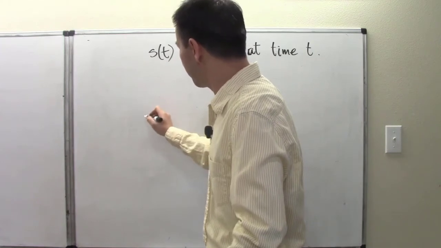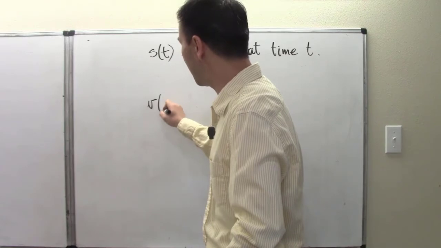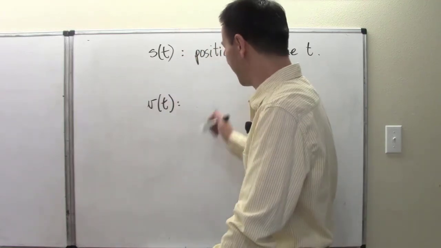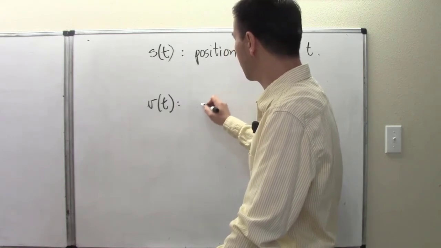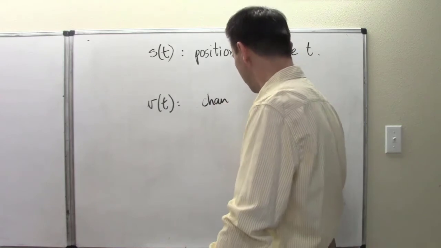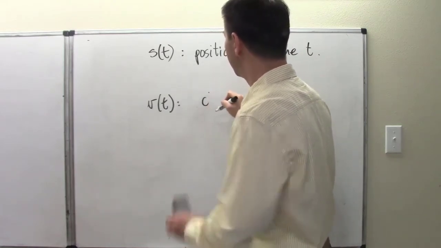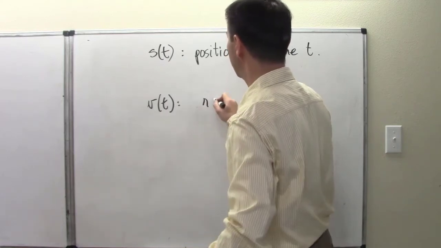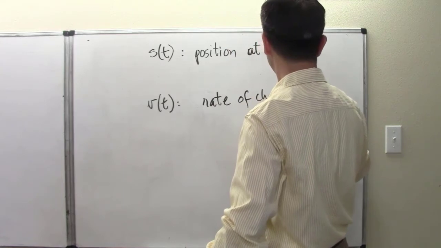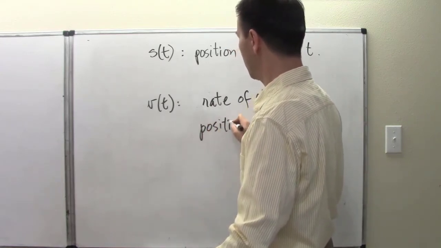Here's the thing. In the world of physicists, velocity, as I have already briefly introduced, and I will introduce it here again, velocity is known as the rate of change in position.